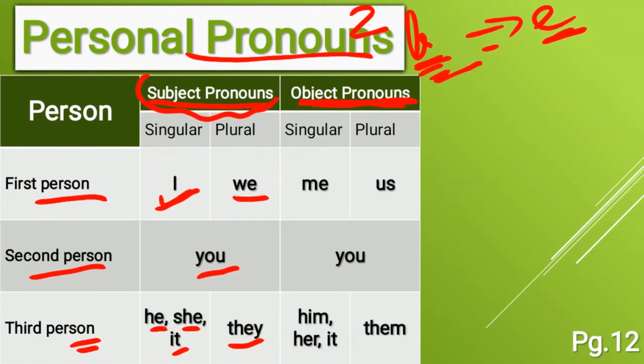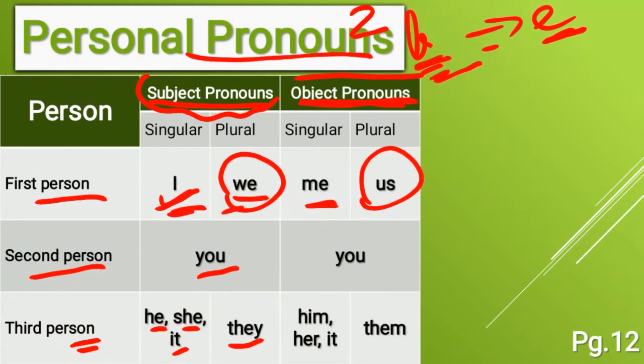Now the second column, object pronouns. I, me: I is subject, me is object. We, us: we is subject, us is object. Us can be written only at the end of the sentence. For second person, both subject and object pronouns are the same.